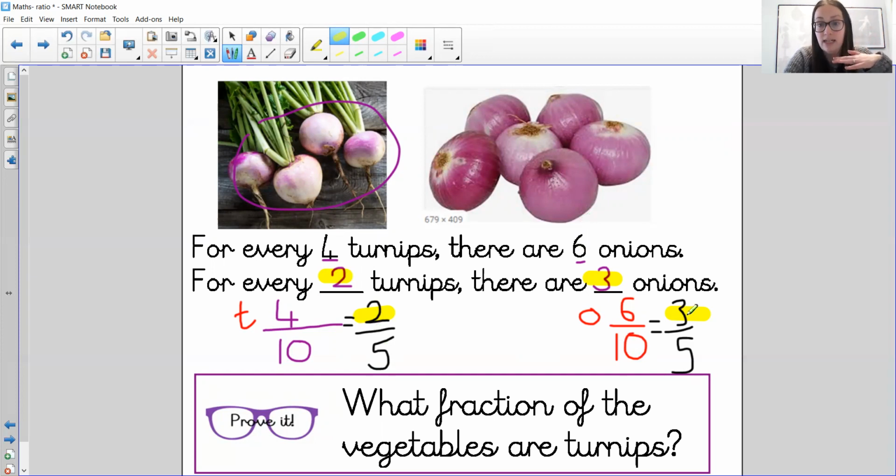Then I simplified it to get 3 out of 5 vegetables. So there's my 3. Okay, so there's a real relationship between fractions and ratios. And we simplify fractions in the same way that we simplify ratios. You have to find the common factors, divide them by that, and it's exactly the same way of doing it. It's just a different way of writing it.